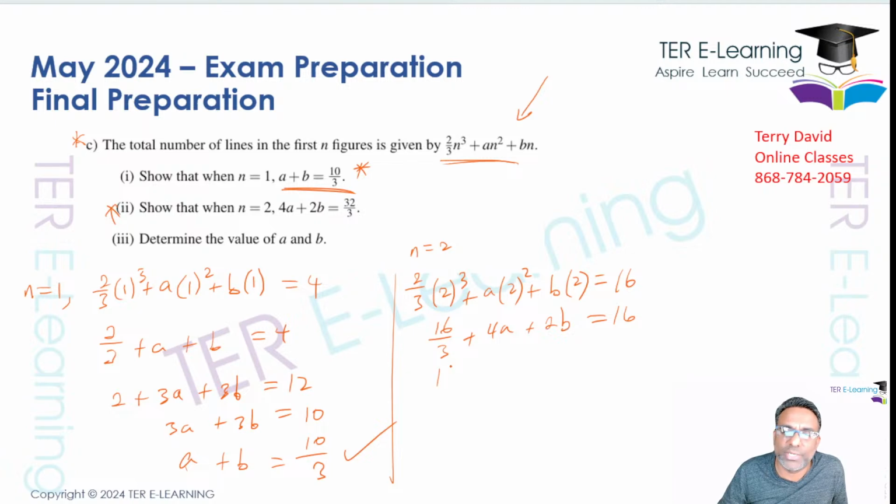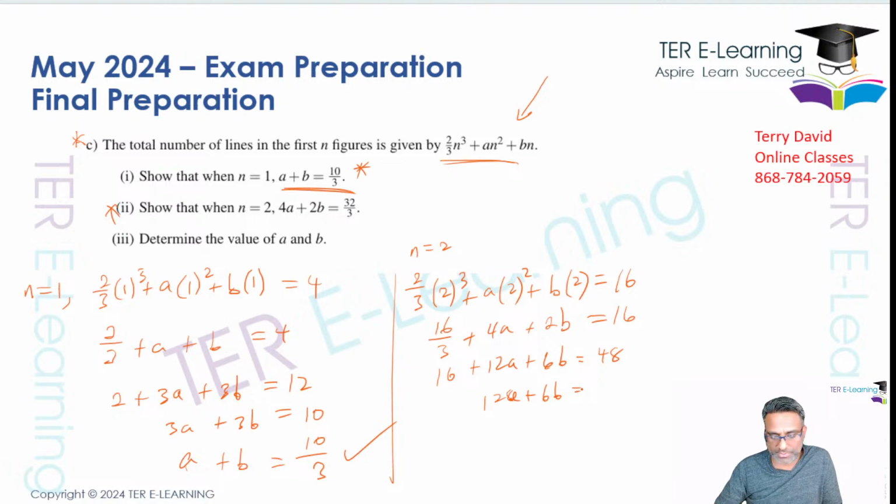Multiply everything by 3. So this is 16 plus 12a plus 6b is equal to 48. 12a plus 6b is 32. And then let's divide everything by 3.